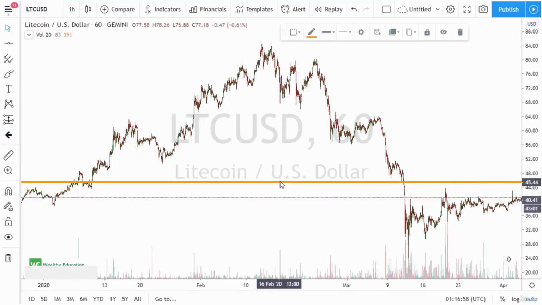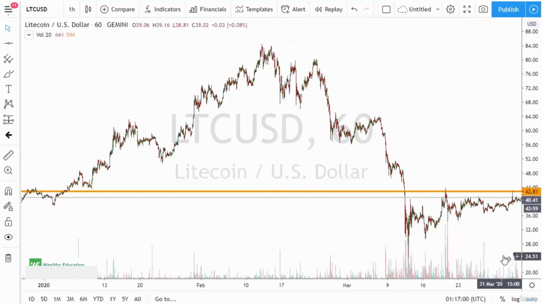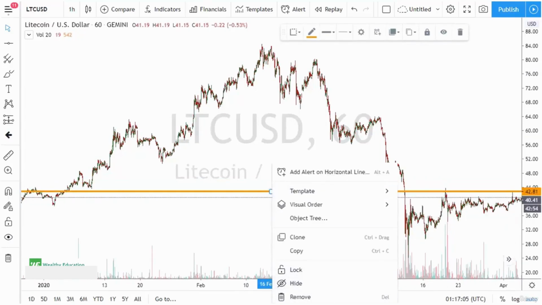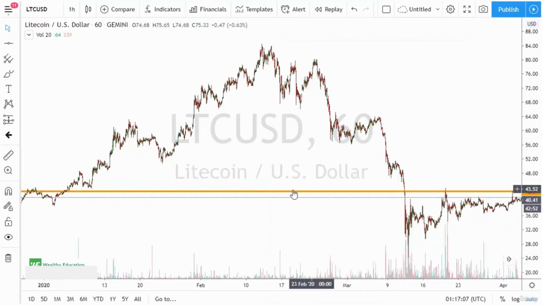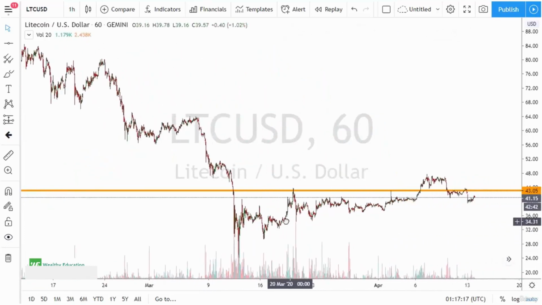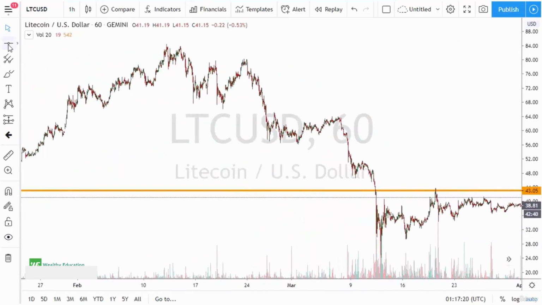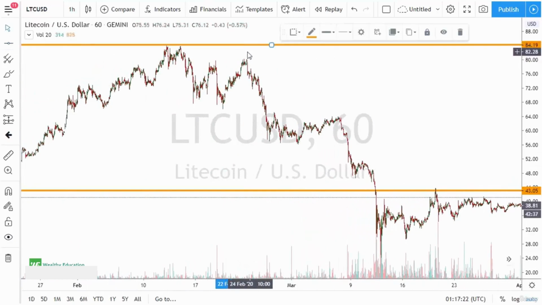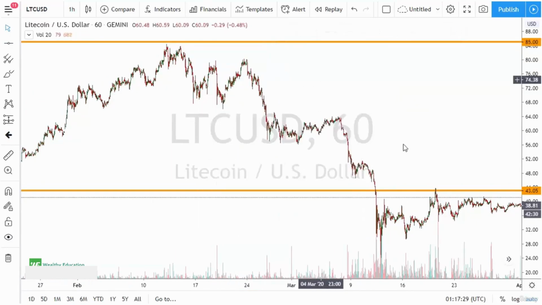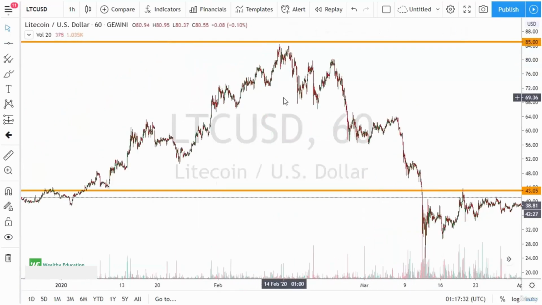So, for example, you can see right here there's obviously some trouble right around the $43 level, and you can see that as price kept trying to get there, it kept running into a lot of issues. You can also make an argument for right around here, this would be basically $85. Again, that's a big figure.